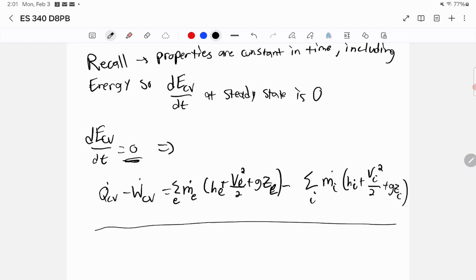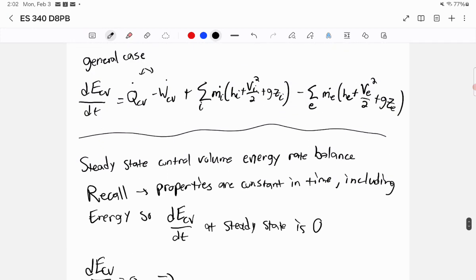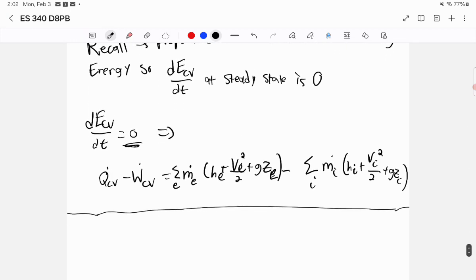This is something that we will be dealing with quite frequently for the rest of the book. A lot of times we're going to have steady states, and steady state immediately tells us this, although we can have cases where it's transient.